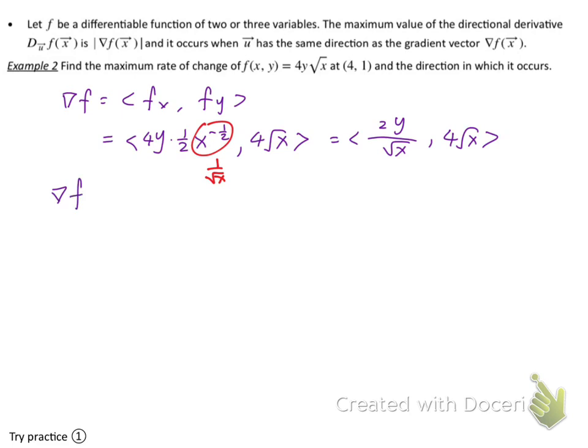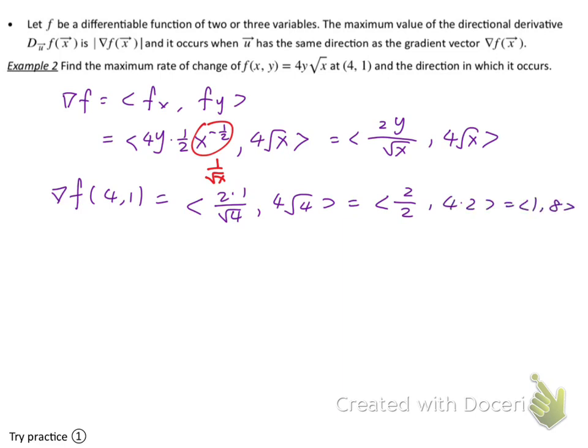Then my del f at the point (4, 1) will be 2 times 1 over square root of 4, comma, 4 radical 4. So this is 2 over 2, and 4 times 2. So this is (1, 8), which is, by the way, the direction. We're looking for the direction it occurs, right? So that's the direction.